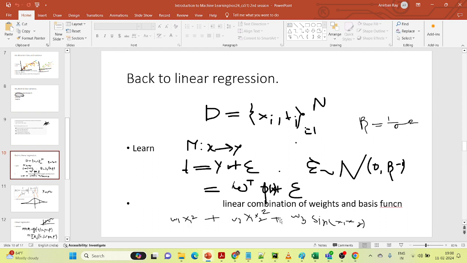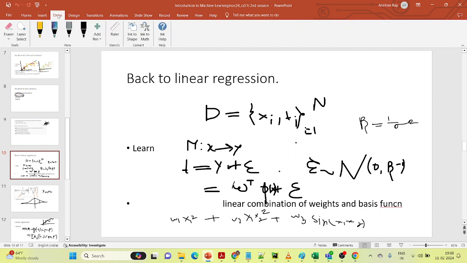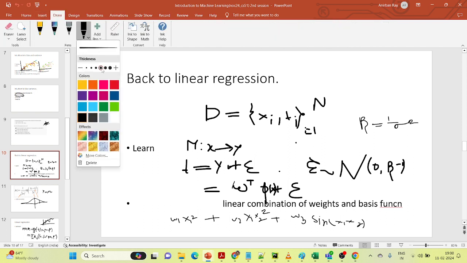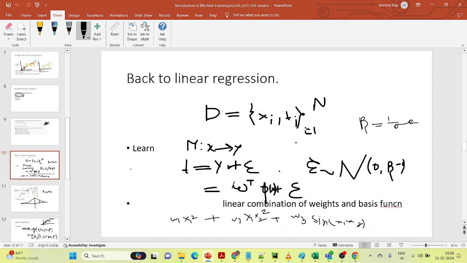So a vector of this: x1 square and x1 x2, a vector of that.